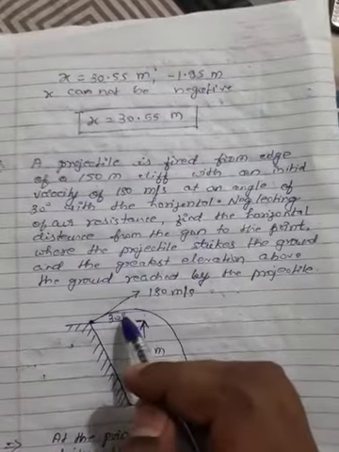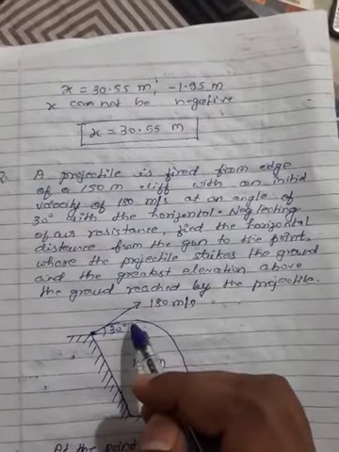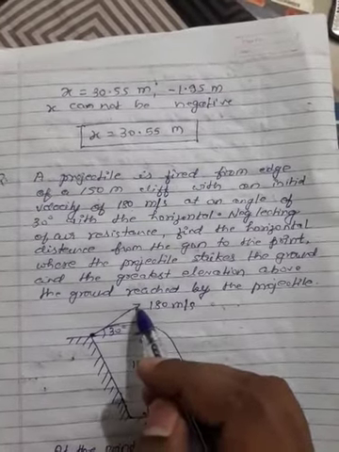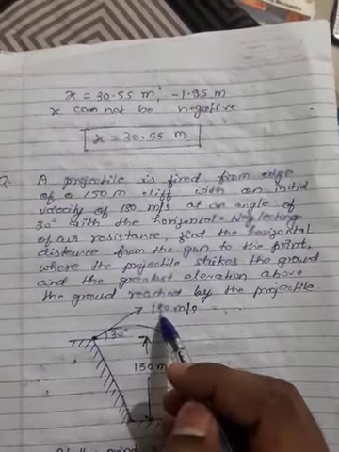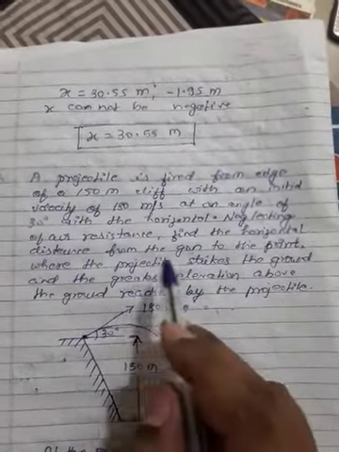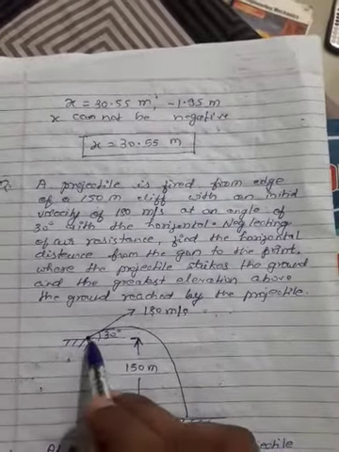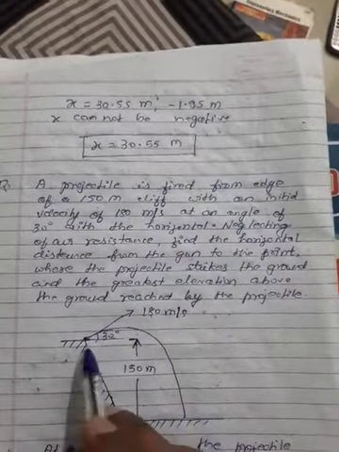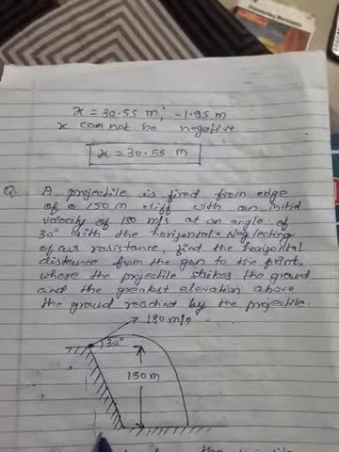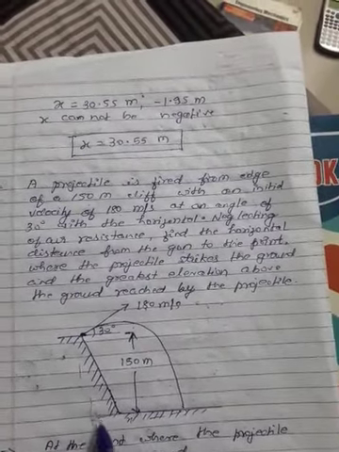It is fired at an angle of 30 degrees with the horizontal with an initial velocity of 180 meters per second. I have to find the horizontal distance from the gun to the point where the projectile strikes, from this point to this point. This is nothing but the x I have to calculate.